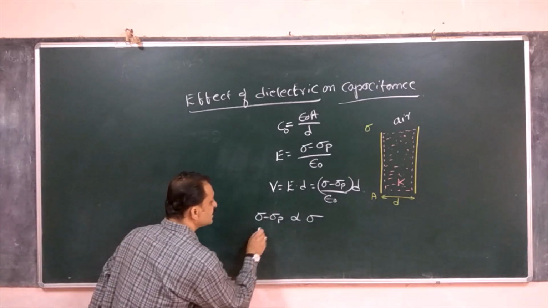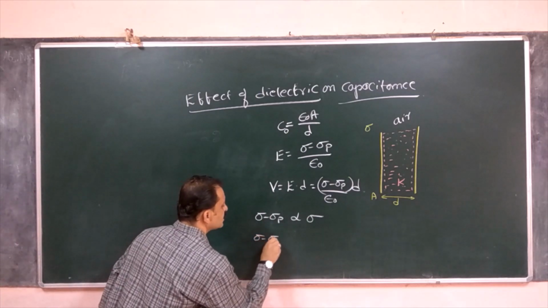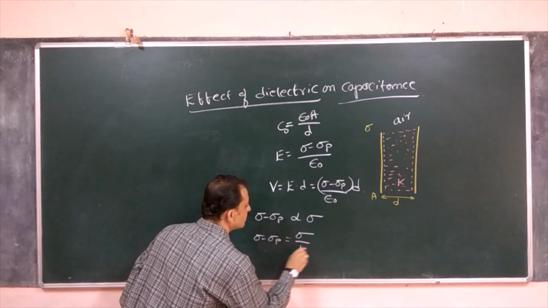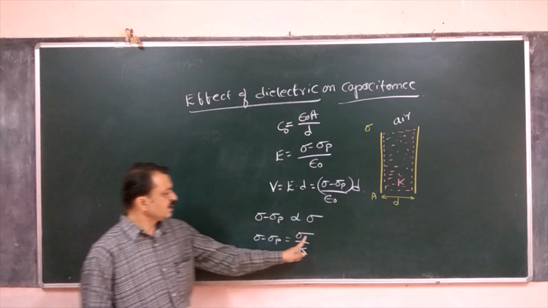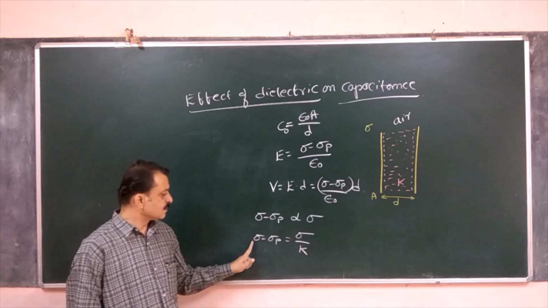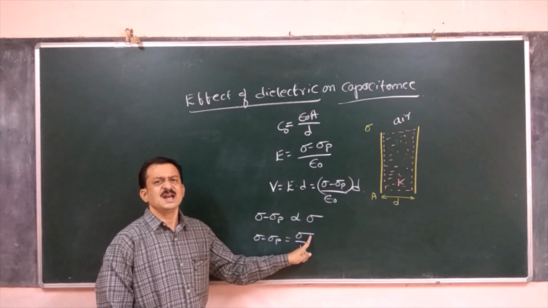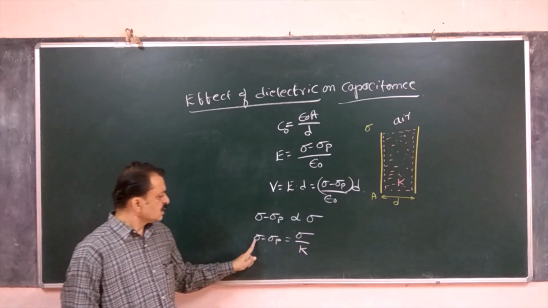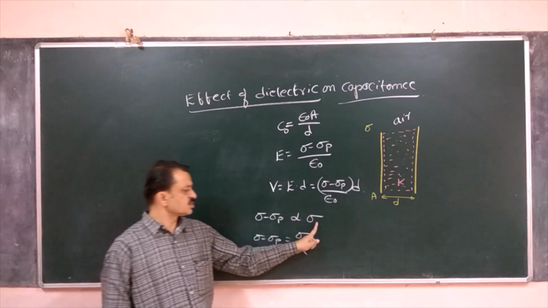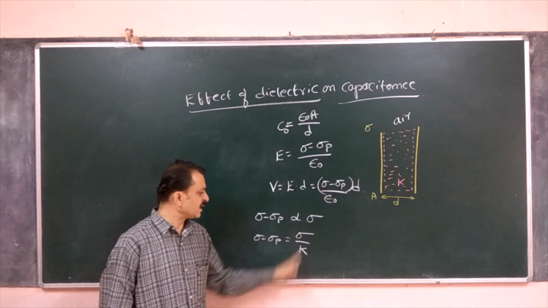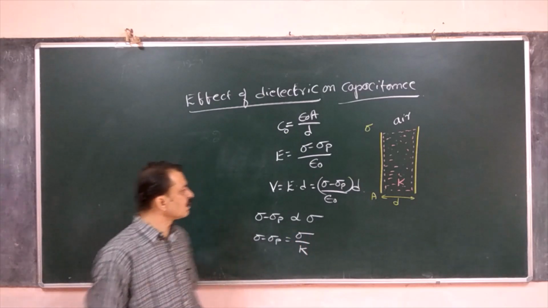Or we can write sigma minus sigma p is equal to sigma divided by k. Obviously, sigma is the same here. Sigma minus sigma p reduces, and sigma stays larger. So sigma minus sigma p is proportional to sigma, or we can write, where k is the characteristic of the dielectric, sigma by k.